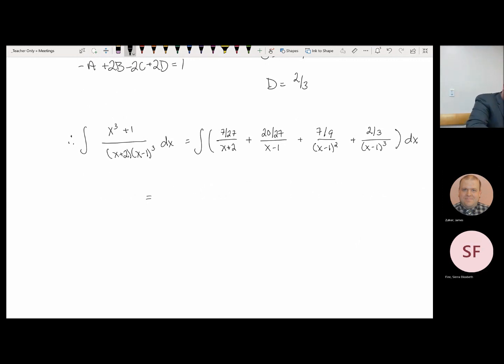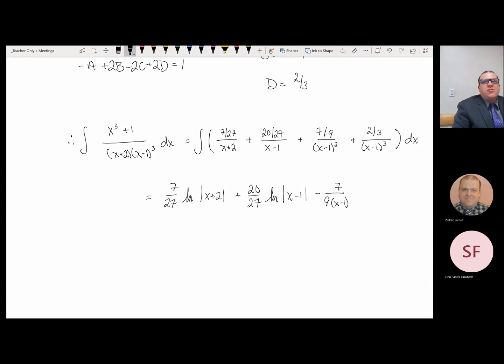Okay. First antiderivative is simple. Second is also simple. The third antiderivative. Derivative of x minus 1 is 1, so we can just treat it like 7/9 over x squared.